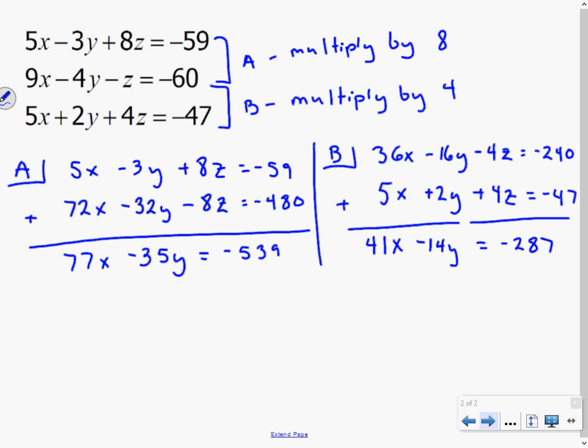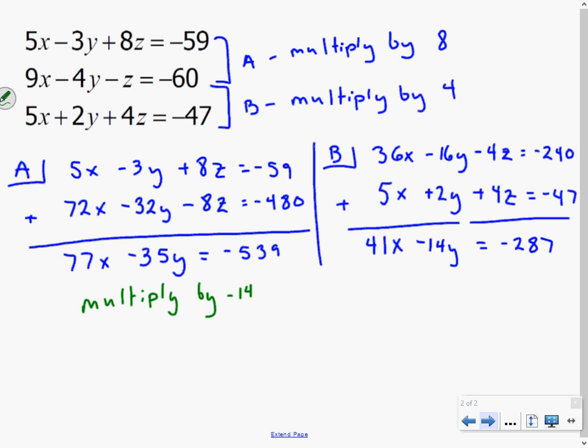So now we have to decide what I am going to cancel next. I think it's probably going to be easiest to cancel out the y's. To create a common coefficient, I'm going to multiply the a equation by a negative 14.